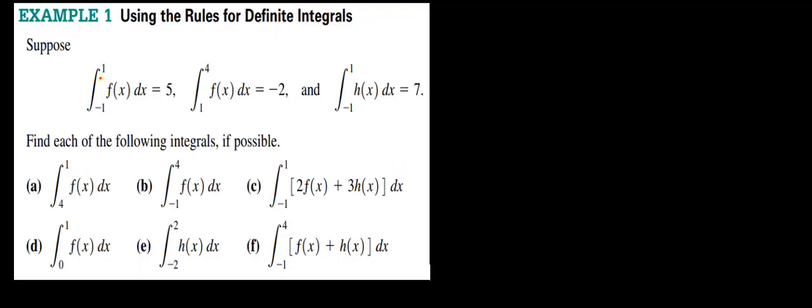Let's look at some examples. Suppose that these integrals are given. It says find each of the following integrals if possible. So first, we need to evaluate the integral of f of x from 4 to 1.